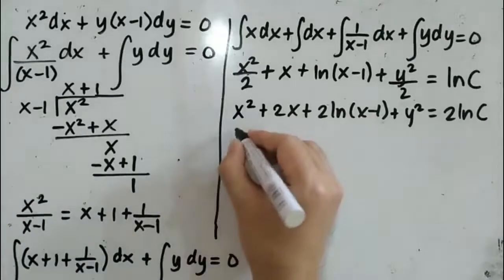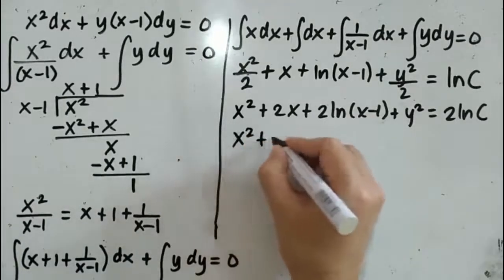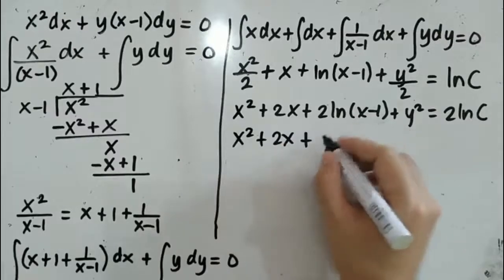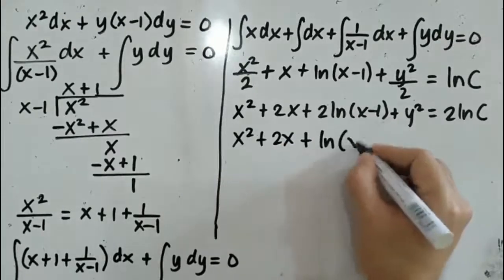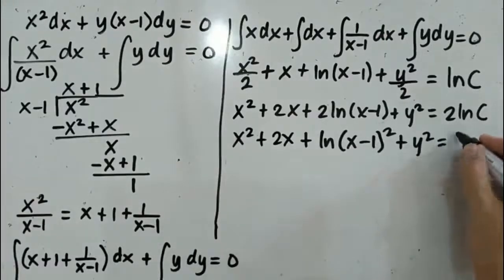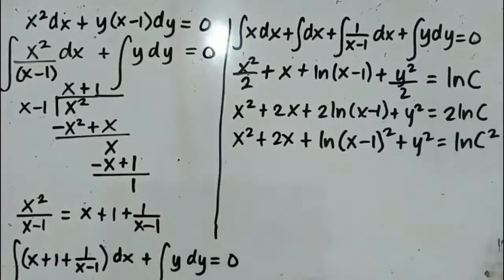So having said that, x squared plus 2x plus 2 ln of x minus 1 can be rewritten as ln of x minus 1 squared plus y squared equals ln of c squared.